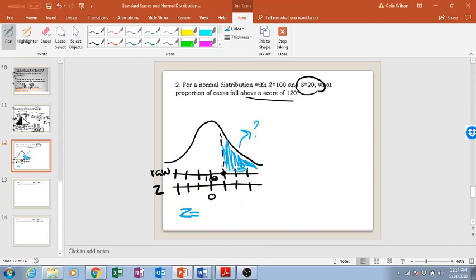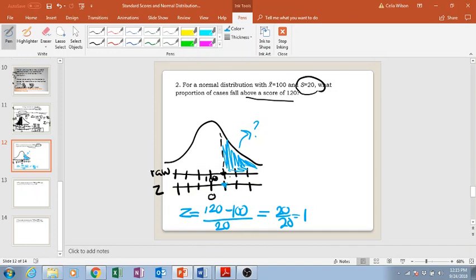Now you may already be able to tell what it is, but I'm just going to work through it just in case. Okay, so my score is 120 minus the mean divided by 20. So when we convert that 120, that's 20 divided by 20, which is 1. Right, so z-score of positive 1. See how it's just the same? There's my z-score right there at 1.